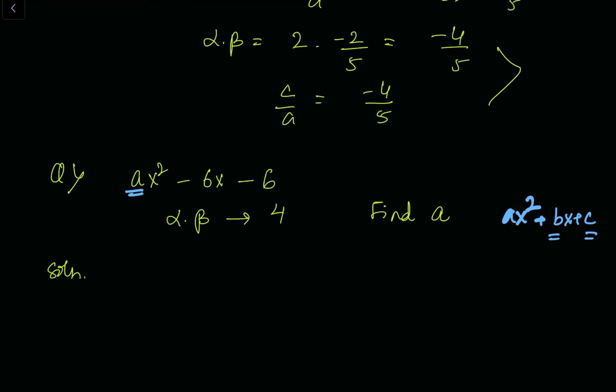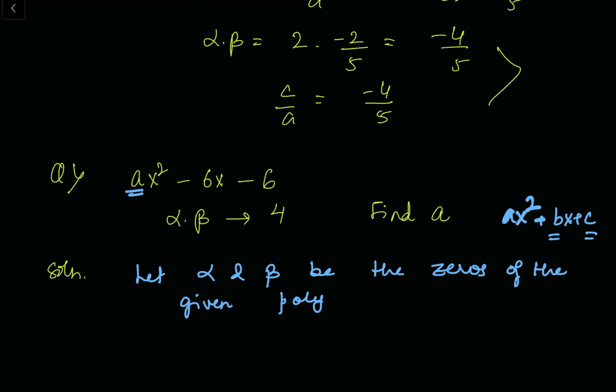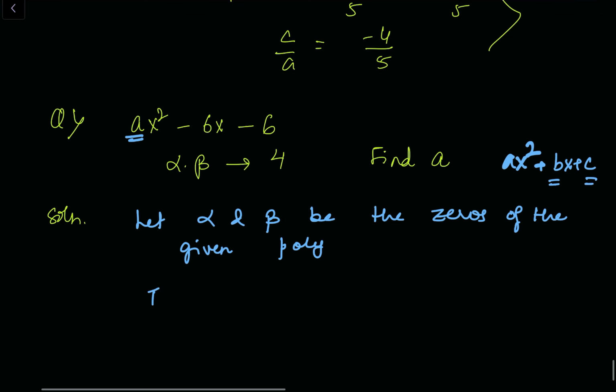How will you start your solution? You will write, let alpha and beta be the zeros of the given polynomial. Then we already know our result, that alpha into beta is c by a.